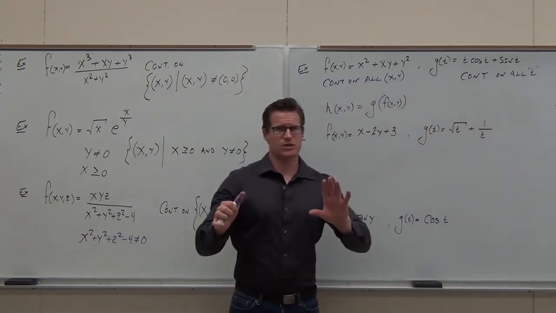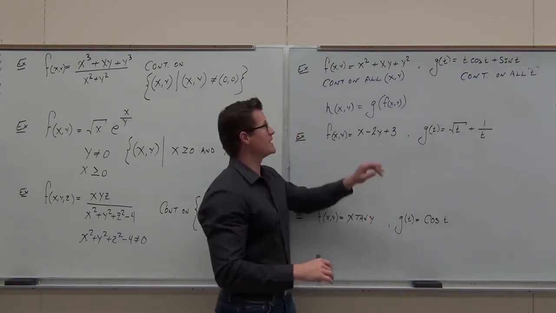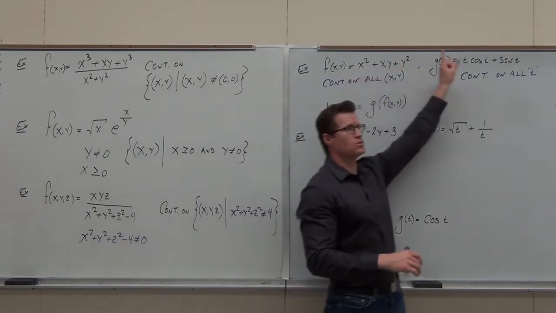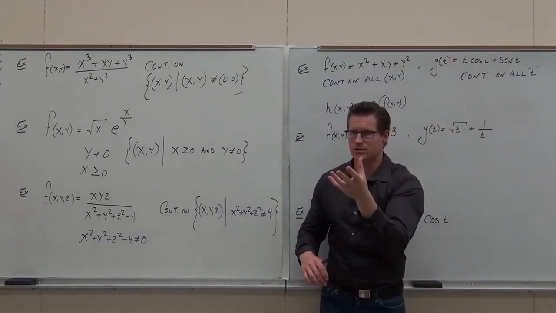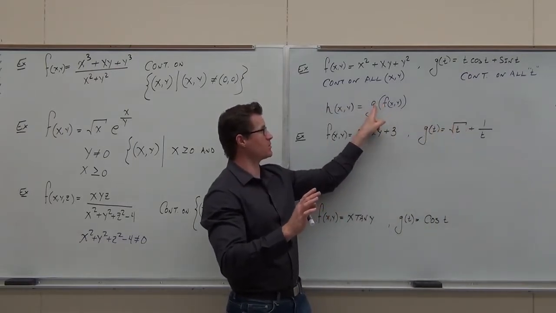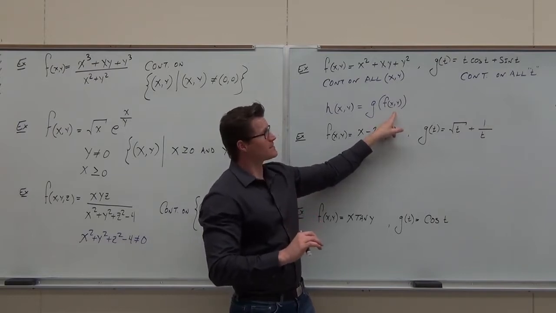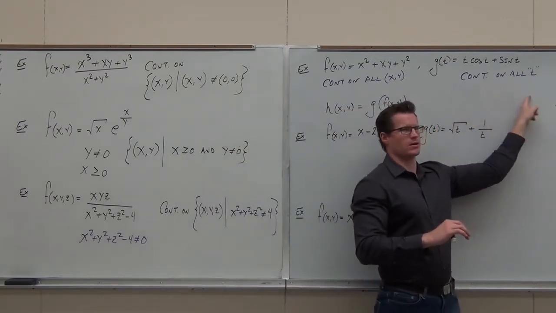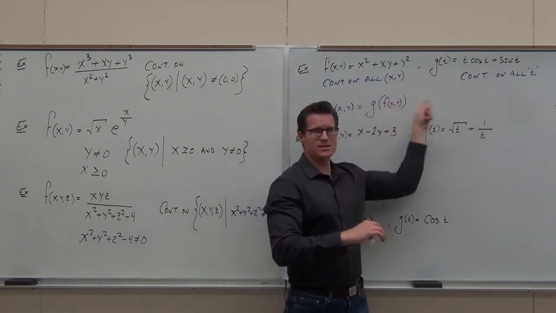Here's what I want to tell you. Please watch carefully what we're going to do. We're going to be taking this function and plugging it into this function. Does that make sense? Everything would be ending with x's and y's. The t's would disappear. That's what this says. Replace t's with xy stuff. So lots of xy's. If this is continuous everywhere, and this is continuous everywhere, tell me where this is continuous.